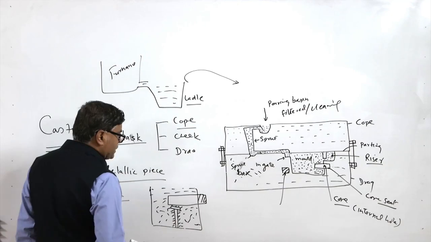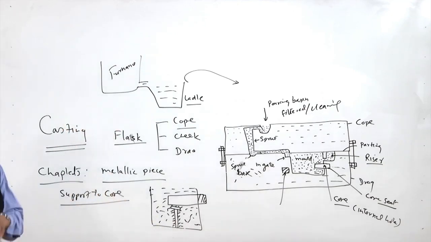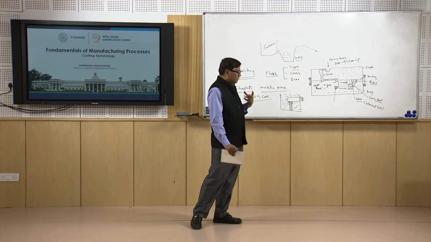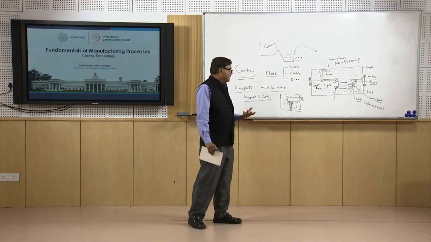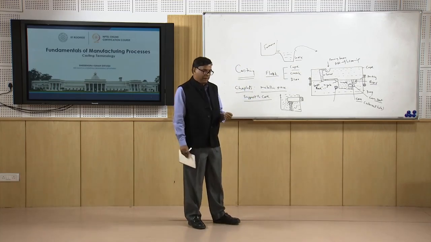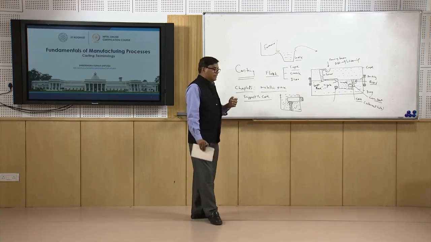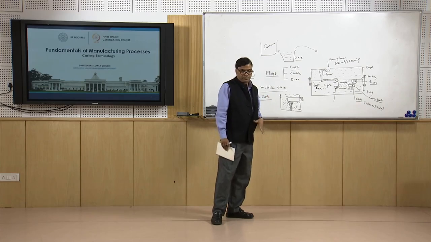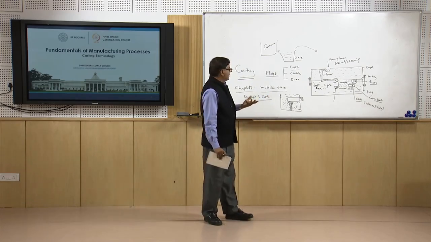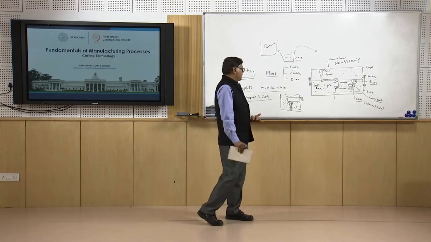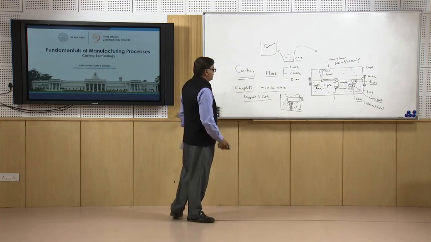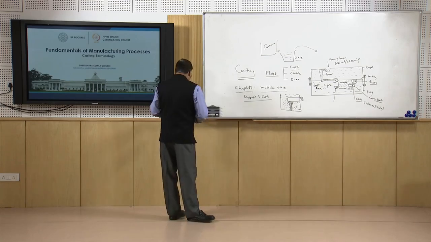So, the size of the chaplet becomes important, because if it is too heavy, then it will extract a lot of heat and the melting of the surface of the chaplet may not be facilitated, and if it is too thin, then the chaplet may melt completely as soon as the molten metal is poured, and in that case it may not be able to provide the support to the core, so the required function is not achieved.